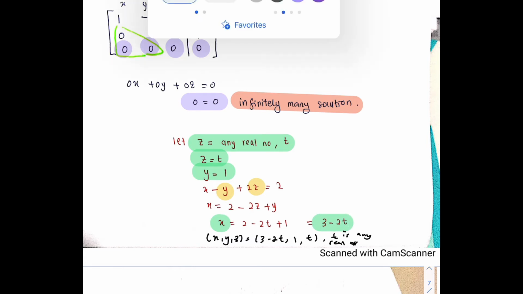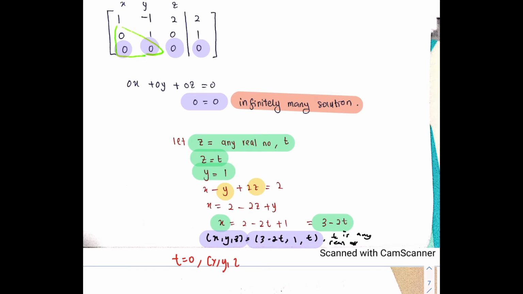So now we can conclude our answer. x, y, z in coordinate form is equal to 3 minus 2t, comma, 1, comma, t, and t is any real number. If you want to take out a few coordinates here, you can do that. For example, you can let t equal to 0.